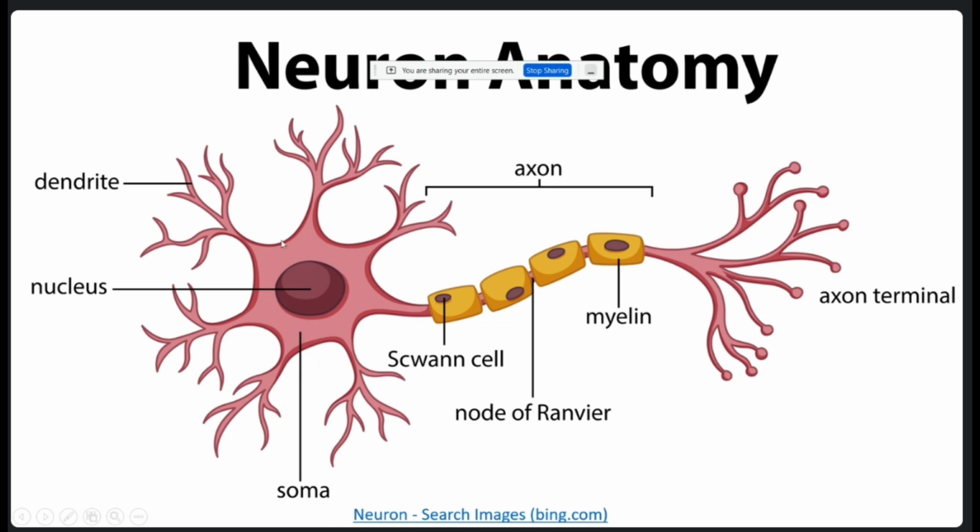Here the information is executed, and then it goes toward the axon terminal via the axon, and again it is released toward the next neurons. The neurotransmitter moves toward the next of billions of neurons. Neurons are connected with a number of neurons.